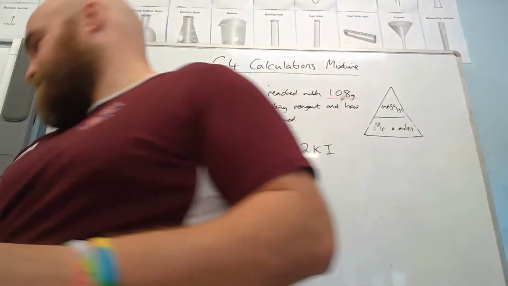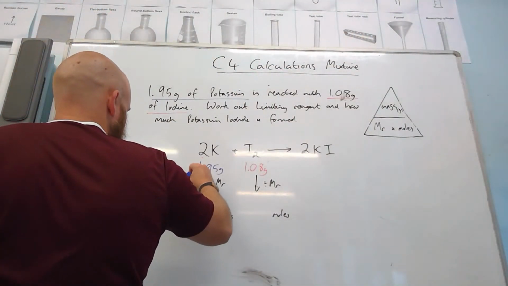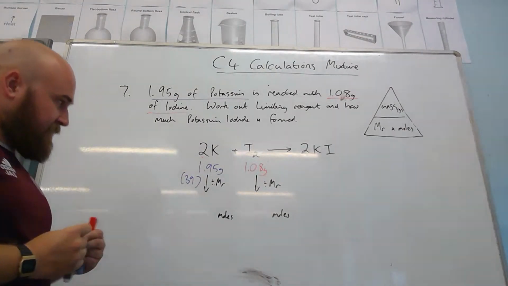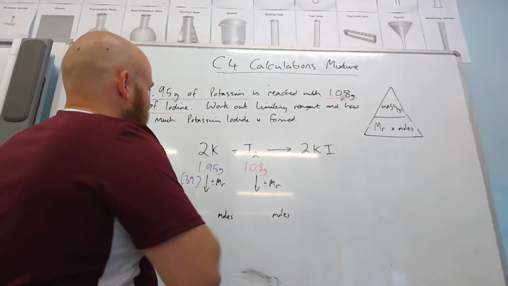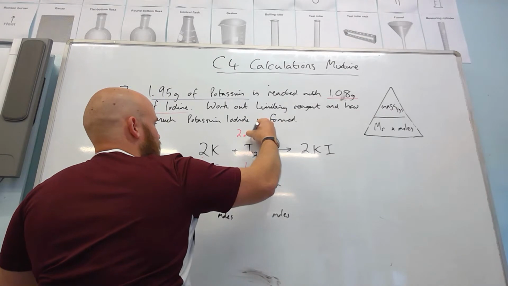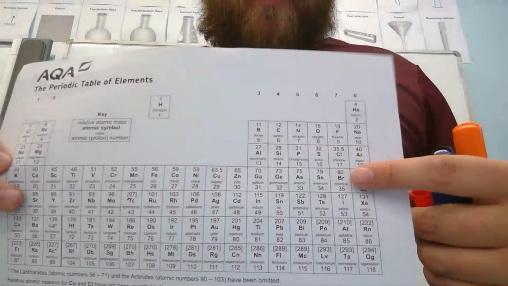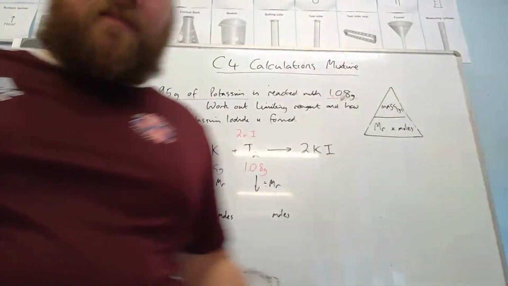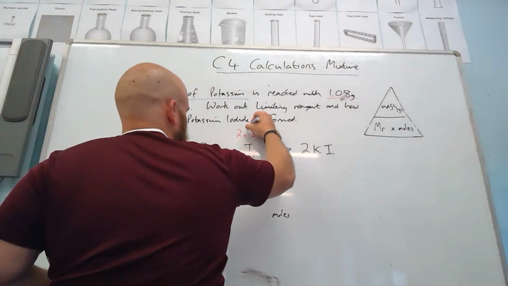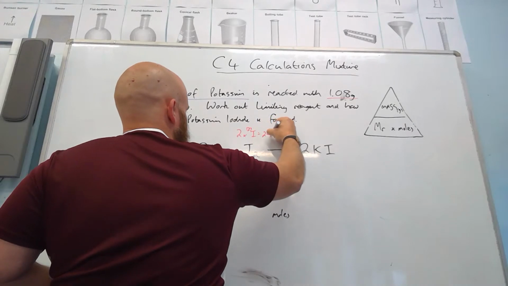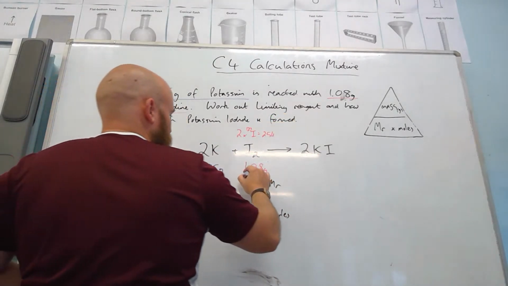It's 39. And the red one is iodine, which is 2 iodine atoms. So I'll find out what an iodine atom weighs, which should be in group 7 somewhere. 127. So that's 254.